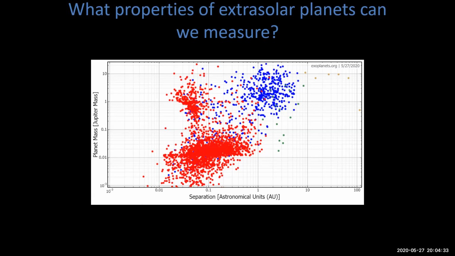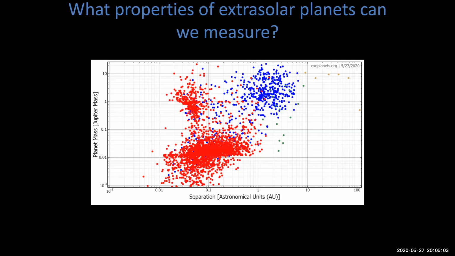Based on our solar system, you would expect the bottom cluster and the top right cluster. So in the bottom cluster we have those Earth-like planets, those Neptune-like planets, those Uranus-like planets. And then in that top right cluster, those are all the Jupiter-like planets, or super Jupiter planets, you might think. Those would seem sort of normal based on our planets. But then there are also those Jupiter planets that are super close to their stars.